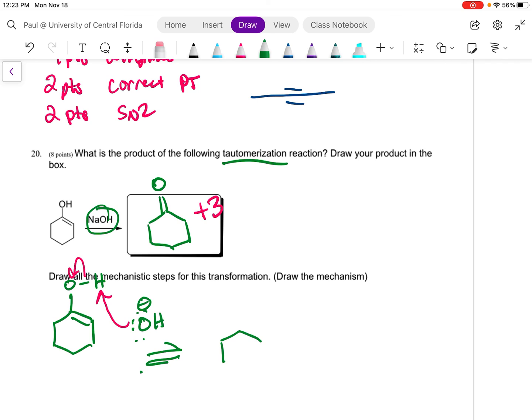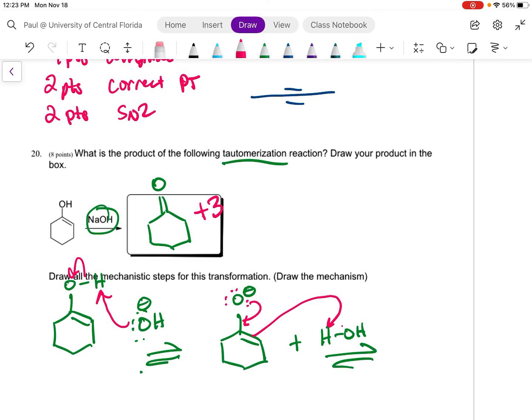So now we form this species right there, plus water. And then the next step is we could take these lone pairs here, collapse them down, take that double bond, and grab the proton to give us our final product.